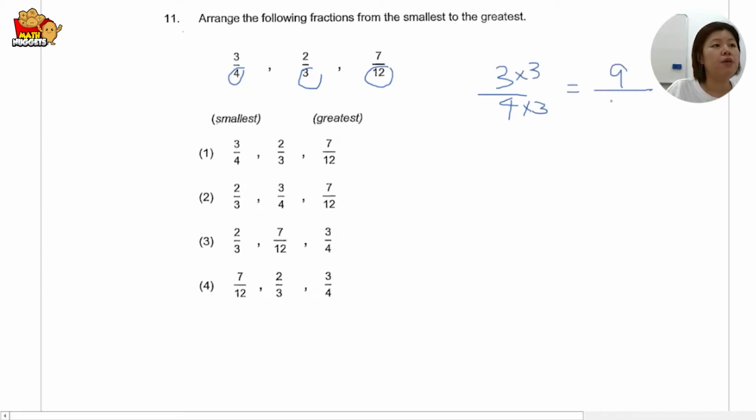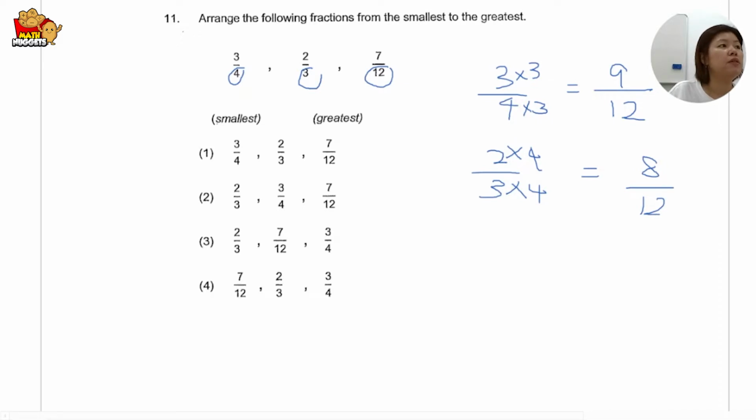It will be 9 over 12. 2/3, I need to times 4, times 4, equal 8 over 12. So since I want the smallest, this one is the smallest, followed by 2/3, and the last one is 3/4, which is number 4.